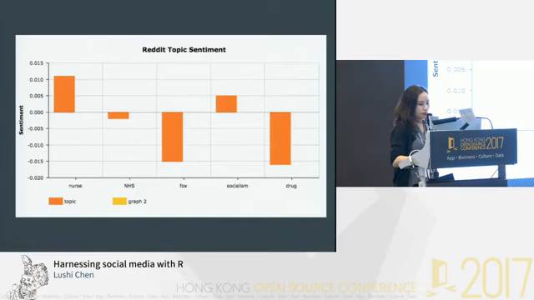So I combine all the text and I see the topic sentiments of nurse, NHS, foxes, socialism and drug. And then I can find that people are quite negative towards foxes. They hate the idea of hunting foxes. And they hate the idea of legalizing marijuana. Okay, this still doesn't do much.